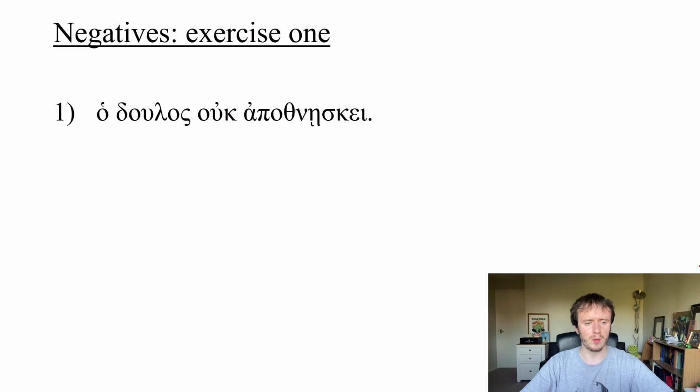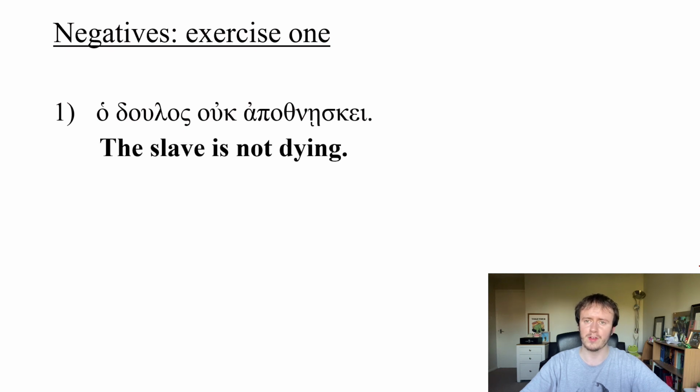The first one was ho doulos ouk apothneiskei. You should have translated this sentence as the slave is not dying or the slave does not die. We knew that it meant this because the slave is in the nominative as indicated by the definite article, and then after the phrase the slave we had ouk apothneiskei.